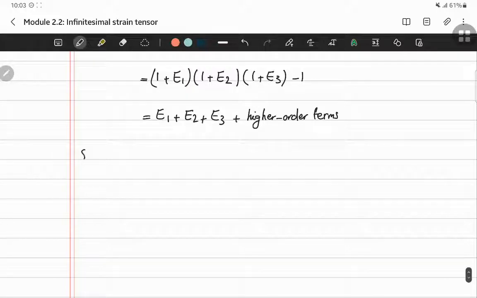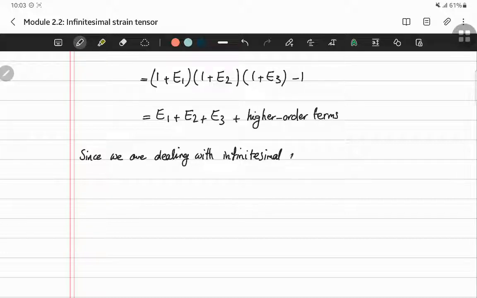Since we are dealing with infinitesimal deformation, we can neglect the higher order terms.